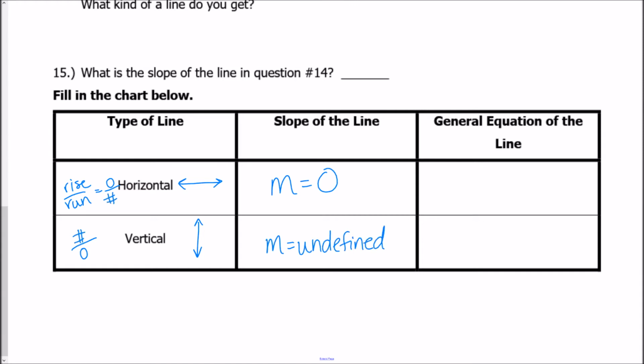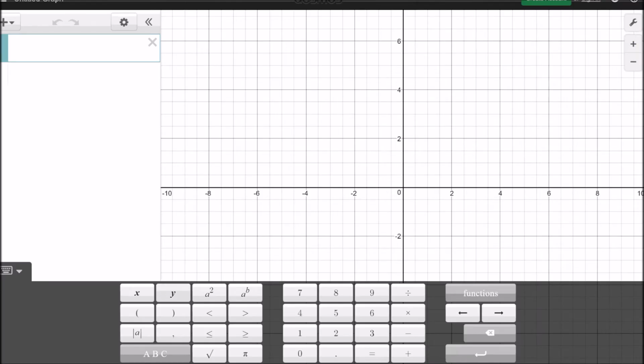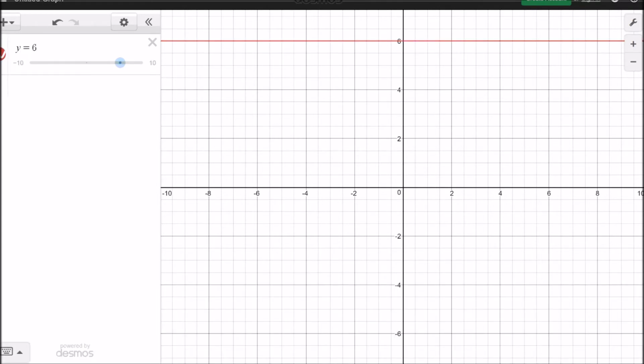Okay? Now, if you remember, when we have a horizontal line, it was always in the format y equals a number. So for example, y equals 6 right here. If you look, it has that y-intercept of 6. But the slope is always going to be 0. It's always going to go across. It's never going to go up or down. So every single y value, if you notice, will always be 6.